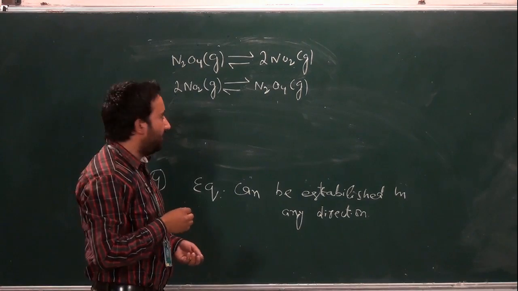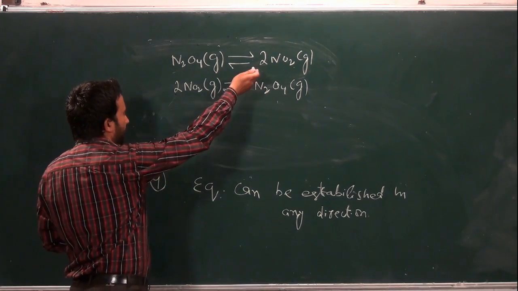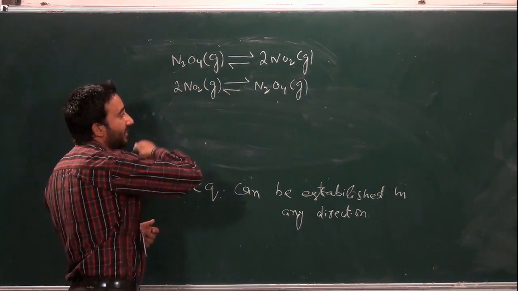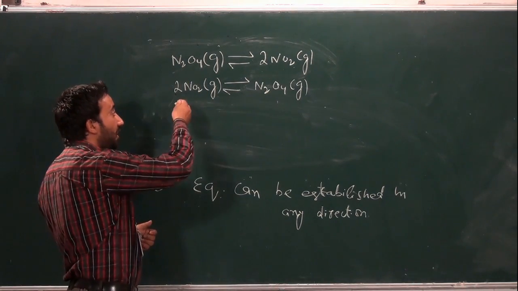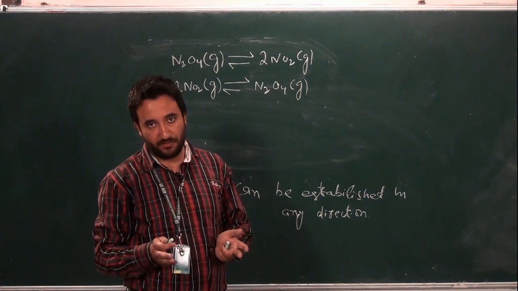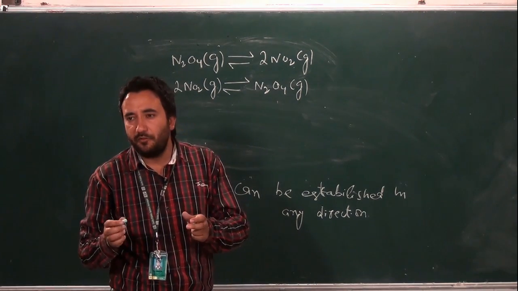So whether you start with N2O4 or you start with NO2, in both cases equilibrium will be established. So we can say that equilibrium can be established from any direction.